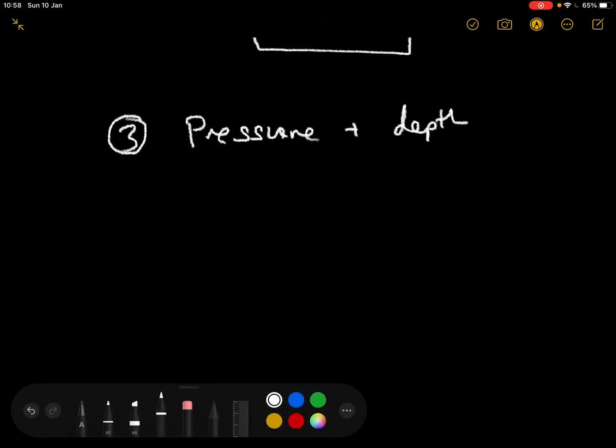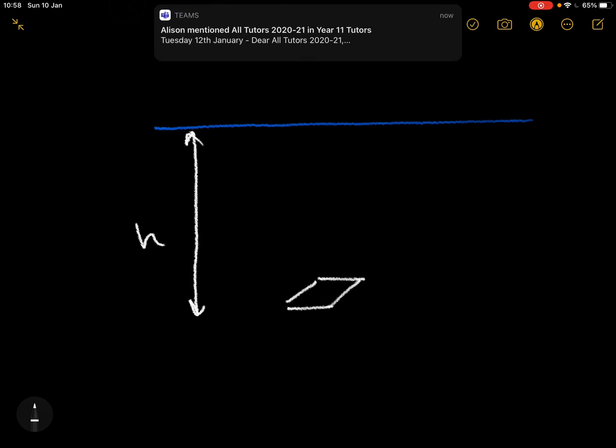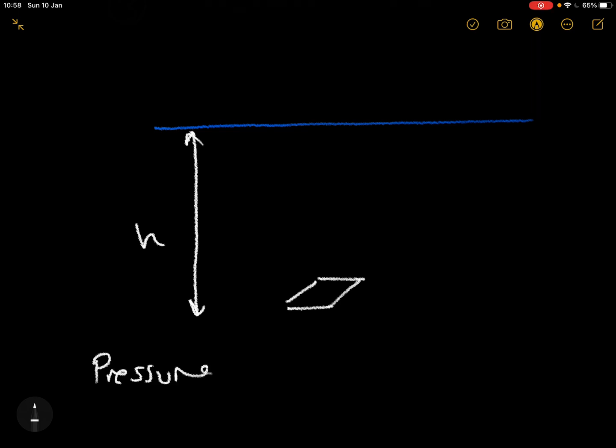Okay, so if you go underwater with an object, let's say we've taken a flat object and we drop it down some height, what is the pressure on this object that's a certain height under the water?